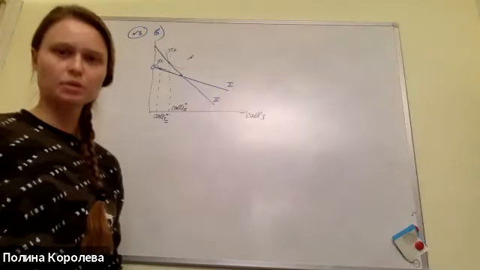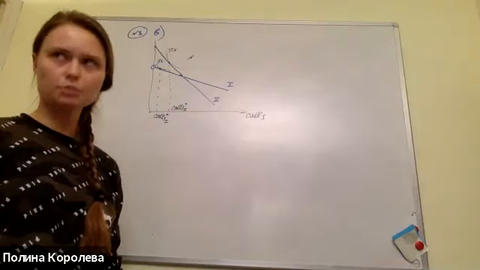No, we have one consumer. One consumer has 2 phone operators who have the same, I don't know, same tariffs on the phone call. Then we put it on the same graph, on the same function, I would say.